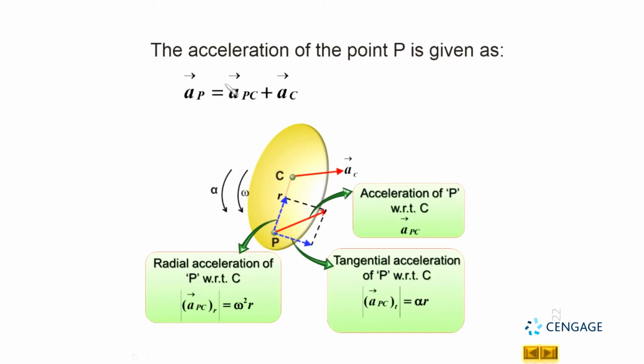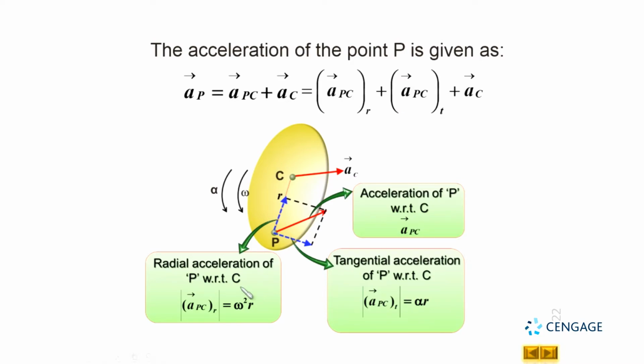So in place of this vector we can write this vector in the radial direction and this vector in the tangential direction. So we can write here acceleration of P with respect to C in the radial direction plus acceleration of P with respect to C in the tangential direction plus AC.